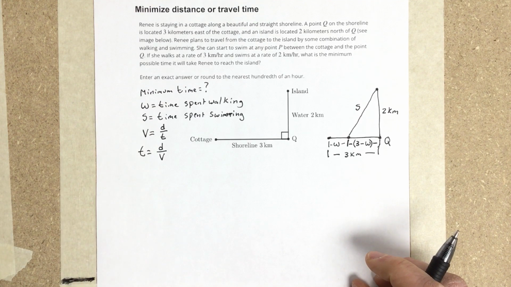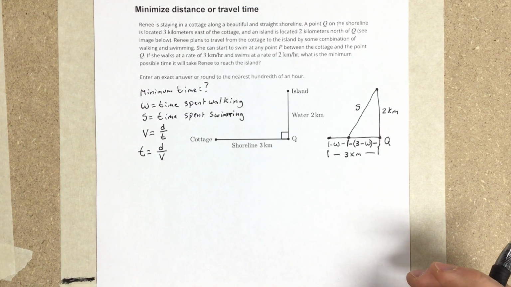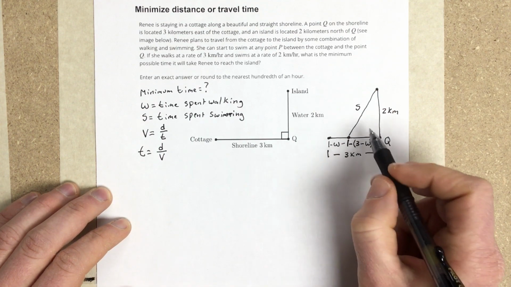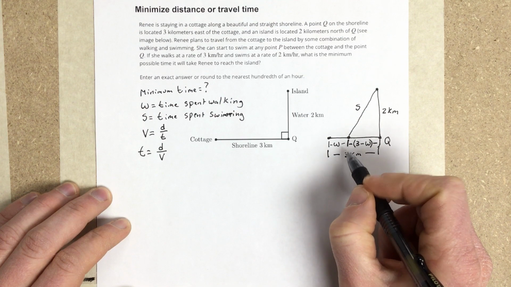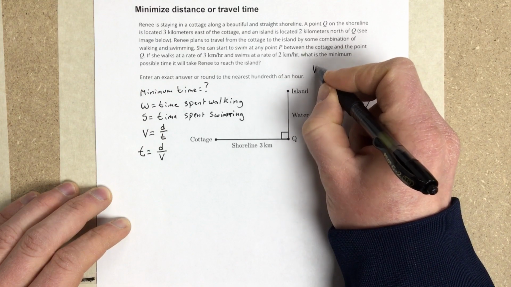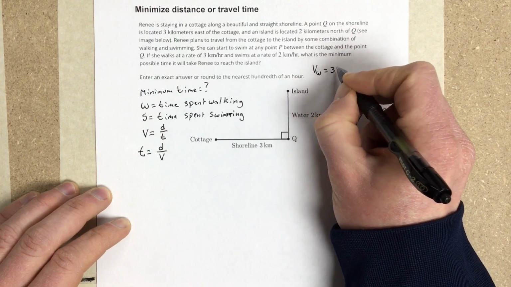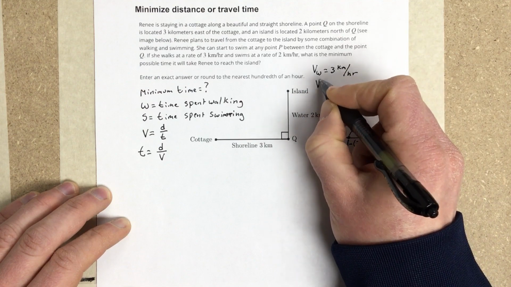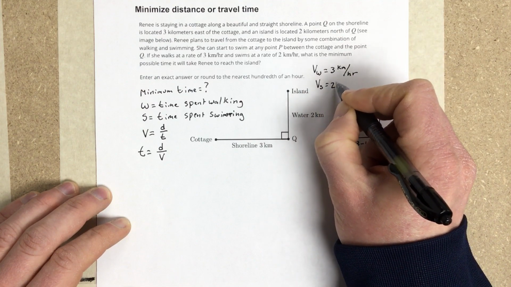So in our case, we can write some equations now from this. She spends a little bit of time walking, and she's walking at 3 kilometers per hour. So let's go ahead and define that. We're going to say velocity walking is 3 kilometers per hour, and velocity swimming is 2 kilometers per hour.